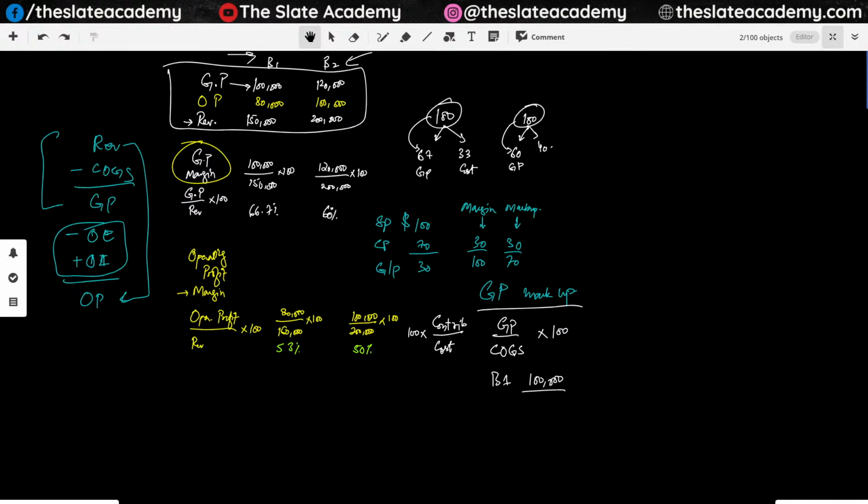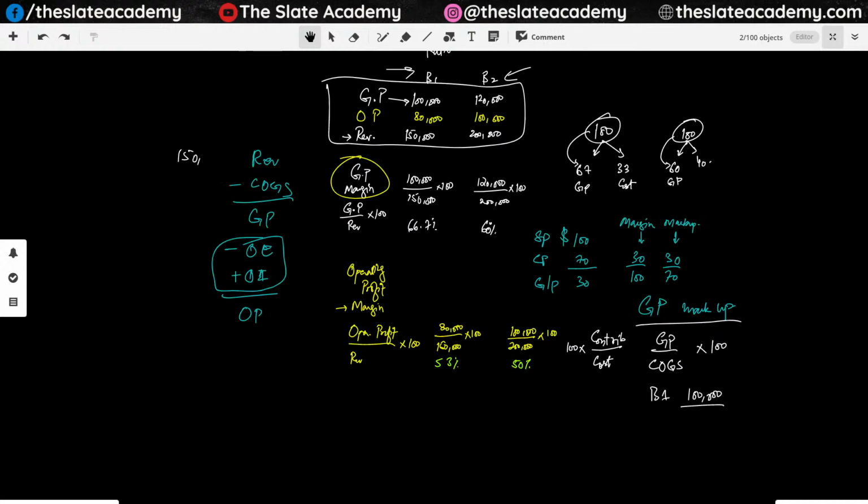I'll do it on the left side so that it doesn't confuse you. Revenue is how much? 150,000. From this revenue, cost was deducted, and then I got how much as profit? Gross profit 100,000.